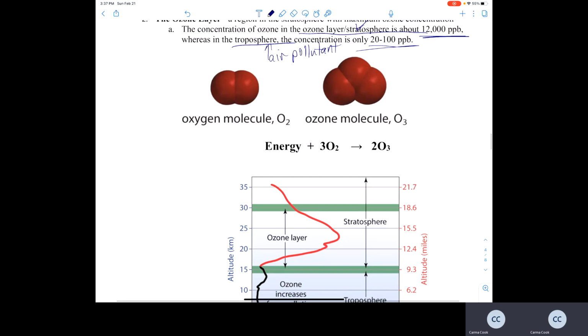So in the stratosphere, oxygen reacts with energy. Where does this energy come from? Electricity. And where does the electricity come from? Lightning. So in the stratosphere, the energy from lightning reacts with oxygen to form ozone.